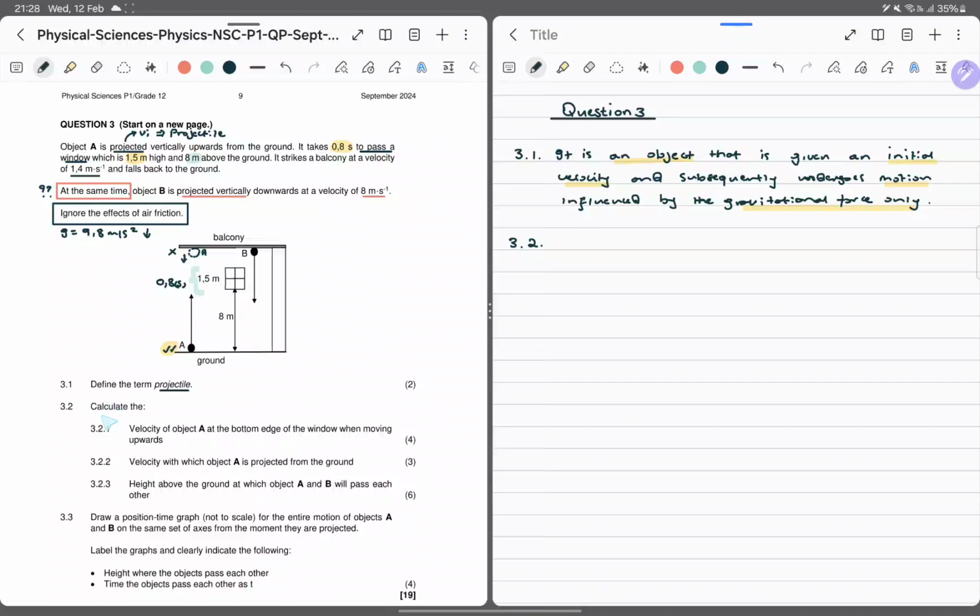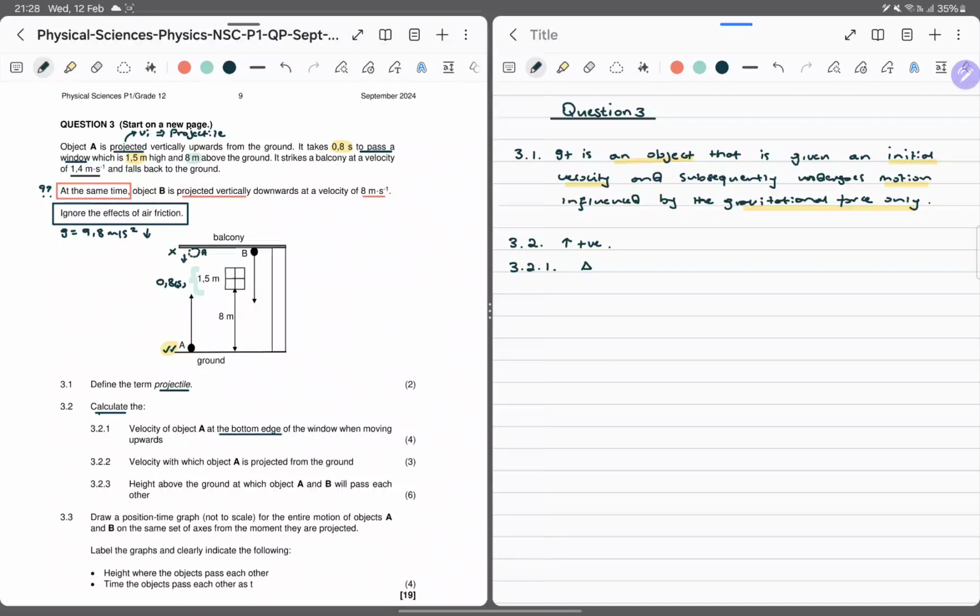Now 3.2 says we need to calculate the velocity of the object A at the bottom edge of the window when moving upwards. Okay, we can say take up as positive. So again, this needs to come out. With up as positive, we can answer 3.2.1. Now we know that the time duration of going through that height of the window of 1,5 was 0,8. So this is easy.